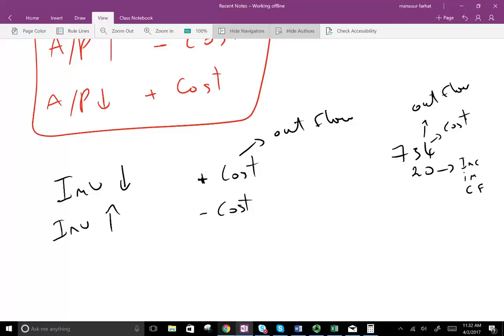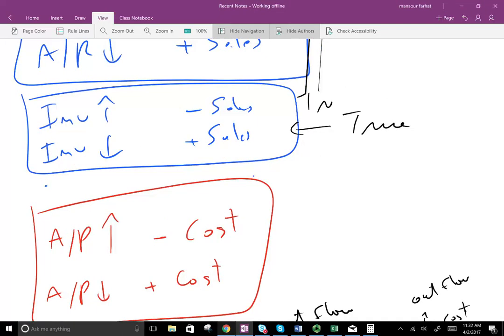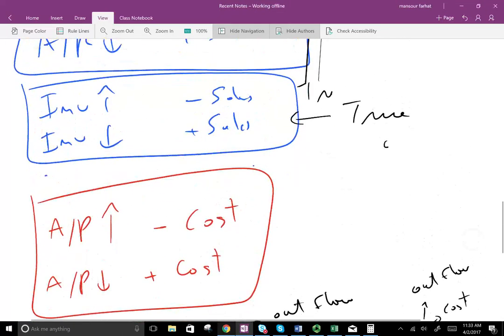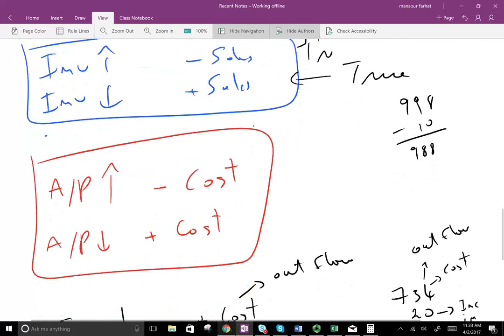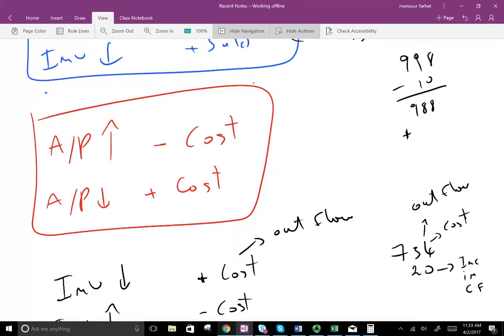We would have got the same answer if you used my formula too. If you took sales, after adjusting for accounts receivable, it was 988, because remember we started at 998, then we subtracted $10, so we end up with 988. And since inventory went down, that's an additional $20.